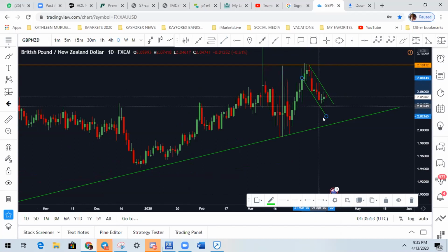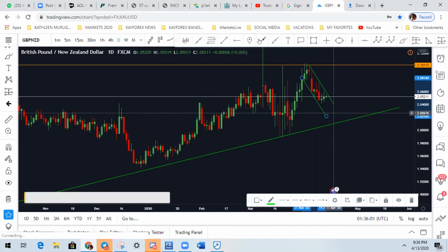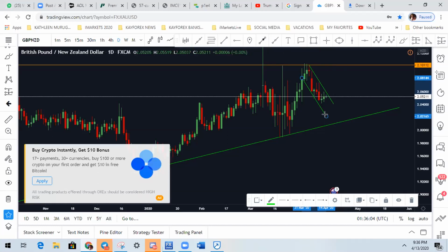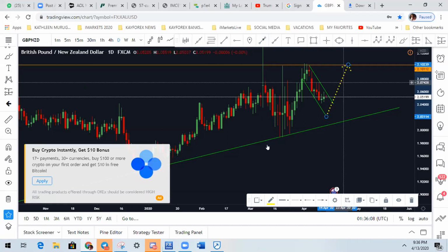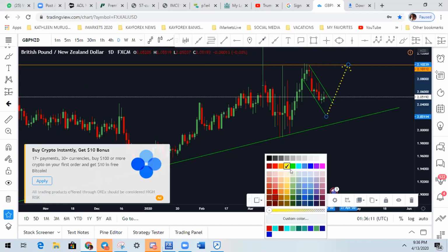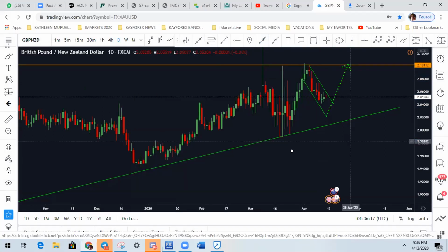So it's already creating a flag. So we are expecting something like this, and watching this area. Because remember on the higher time frame, this is a correction.